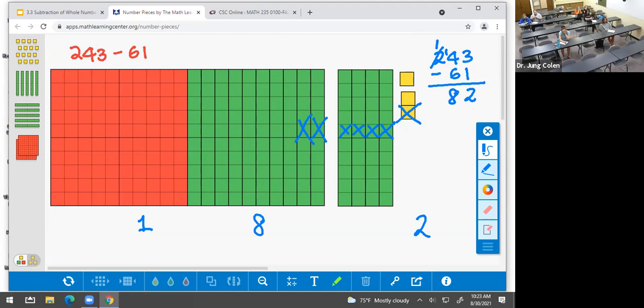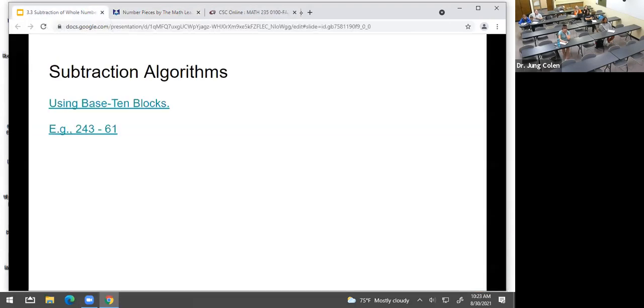Let's compare this with the addition algorithm. We said 1 minus 0, 1 100. I want to compare this with addition. So let's go back. So we just did 243 minus 61.